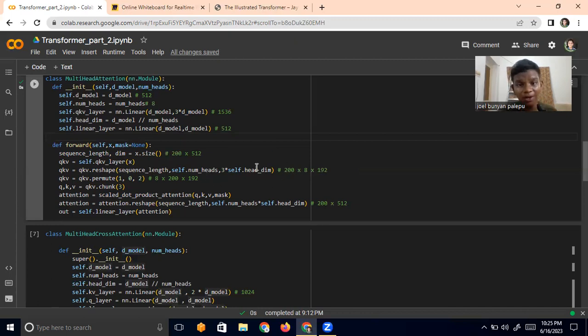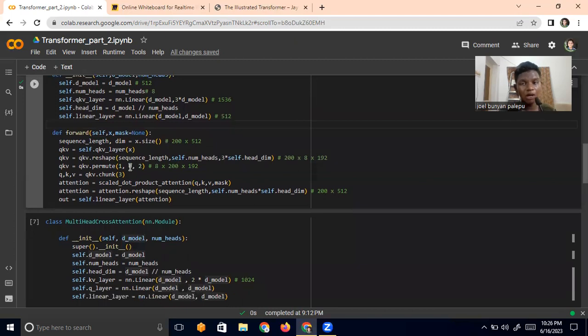So we reshape this into 200 by 8 by 192, and then we permute these values, changing the positions to 8 by 200 by 192, and then we chunk it. We divide this QKV into Q, K, V, and then we send that to scaled dot product attention, in which we'll calculate the attention vectors.